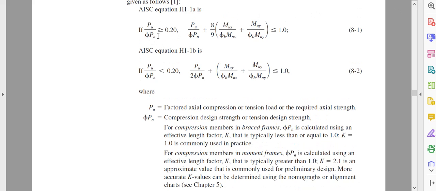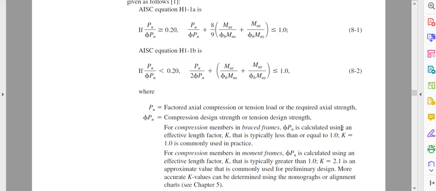Now, there is more discussion on Pn. I told you that it is the capacity without considering moment. Here are some guidelines. If it is a compression member, you know that we need KL. So how to find K? Typically for braced frames it is 1.0, for moment frames it is 2.1.